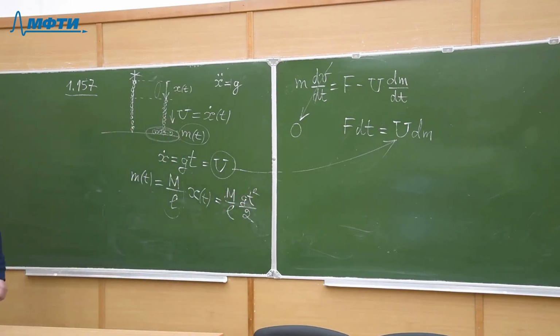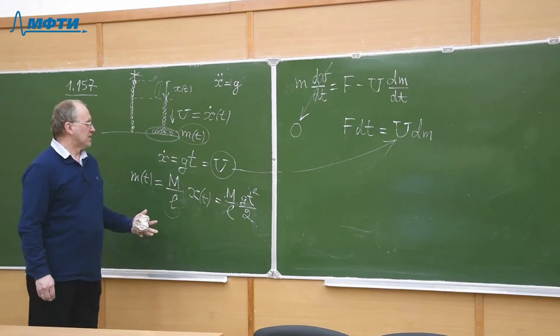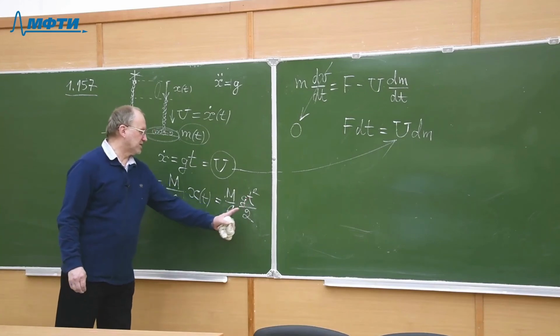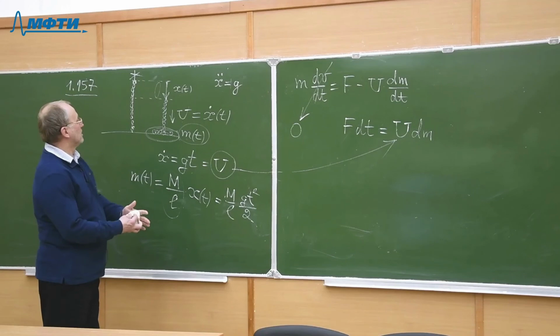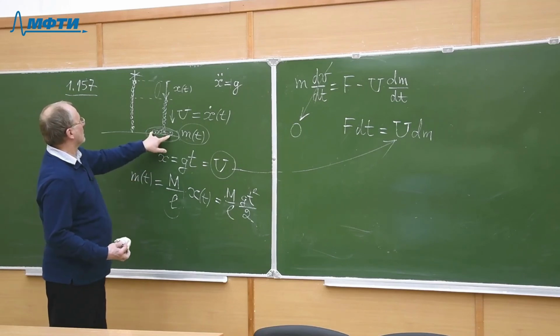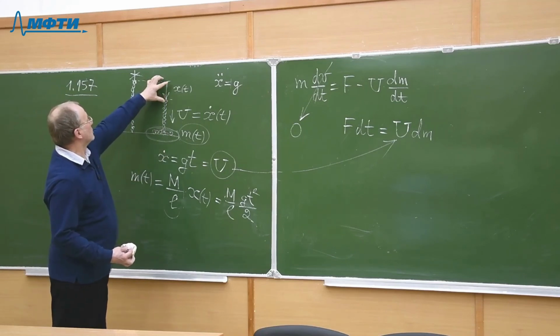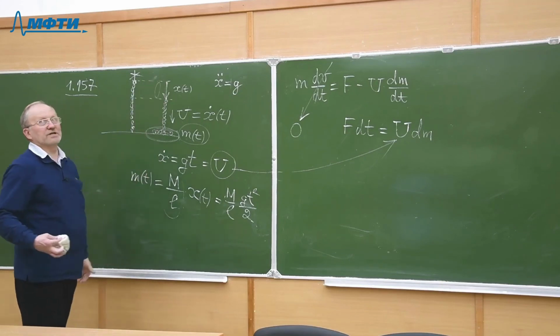You know all these formulas from the kinematics. This is the length of the chain which is on the table. On the table is the same length which is here, which is absent here, which has already fallen down.